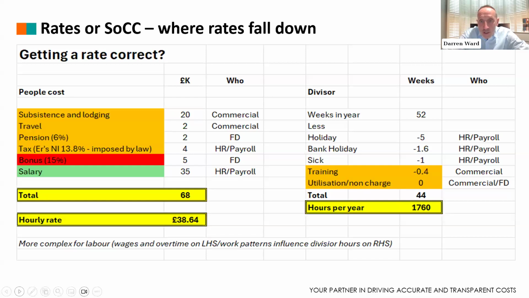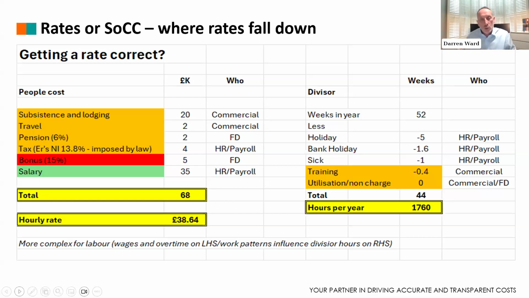The right-hand side is the working hours that we've got for the individual, 1,760 hours. So one divided by the other, a £68,000 forecast cost, divided by a working forecast hours of 1760, gives a contract hourly rate of £38.64.